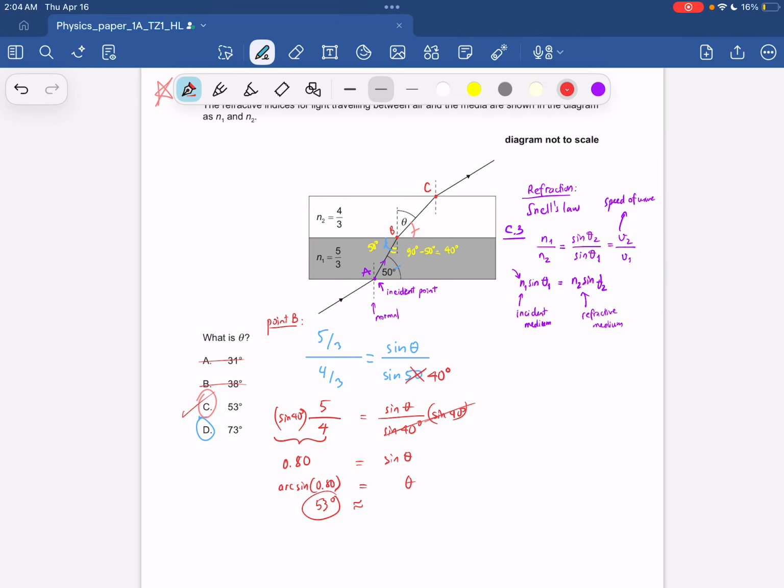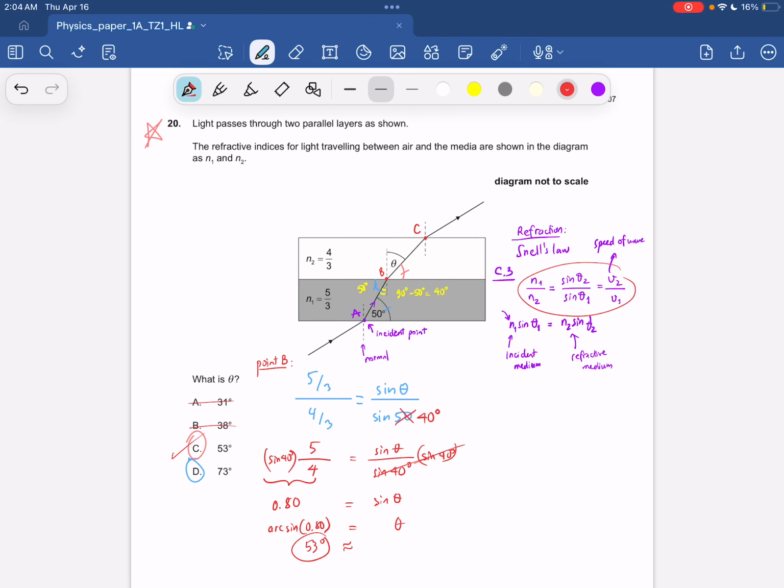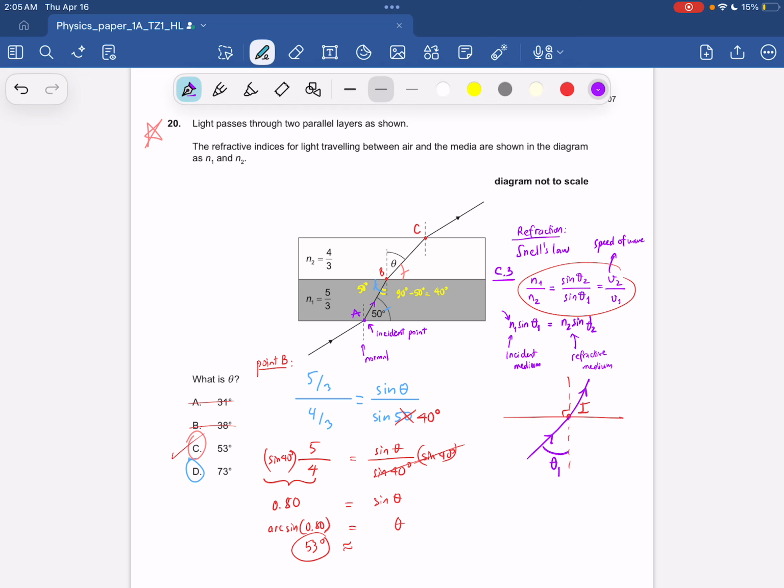So I think the mistake here is that you mistook the angle. Make sure whenever you apply this, you have an interface and an incident point, then you draw a normal line, and then when you have the light ray, if it goes this way, this is the angle theta 1. This is the angle between the light ray and the normal. It's not this one, it's this one. And if you have the refracted ray like this, then this one here should be the angle theta 2, the angle between the normal line and the ray.